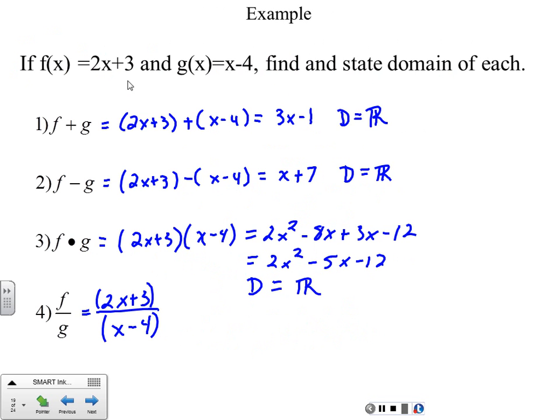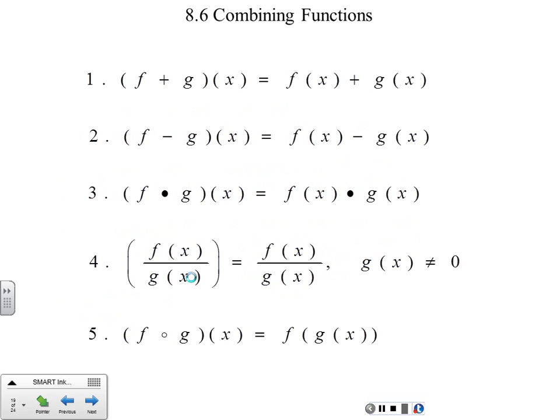But basically, we started talking about adding functions, subtracting functions, multiplying them, and dividing them. And on your test, I'm going to ask you to add, subtract, multiply, divide, and I'm also going to ask you to tell me the domain of your answer. So we are going to have to go through that as well. And then the last thing we'll talk about is the compositions, and we'll talk about that in a minute.